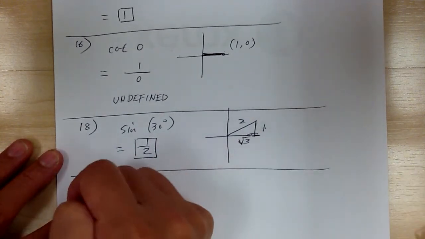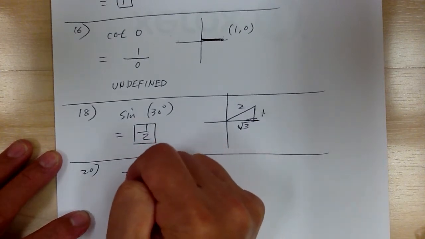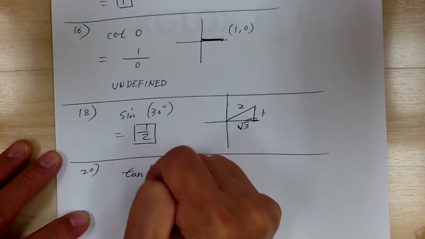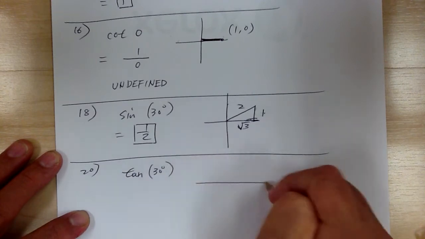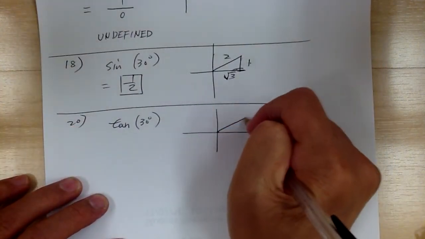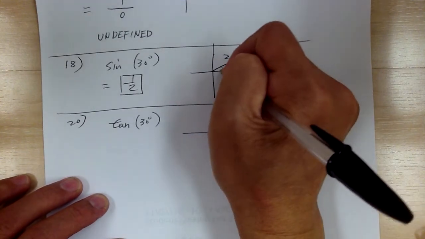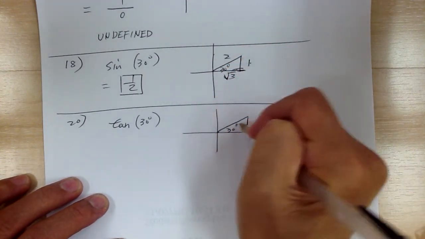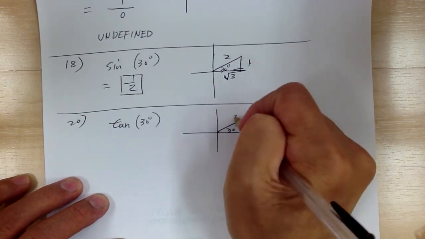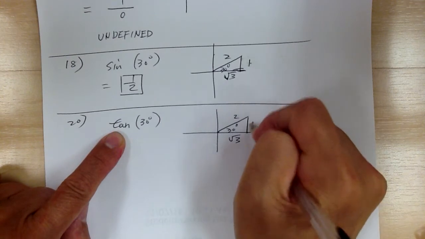Let's go to number 20. You have tangent of 30 degrees. Again, each number on the clock is 30 degrees, so this would be at the 2 o'clock position. So this would be 30 degrees. Just like before, we have 1, 2, square root of 3. Now the tangent is the slope, and the slope is y over x.